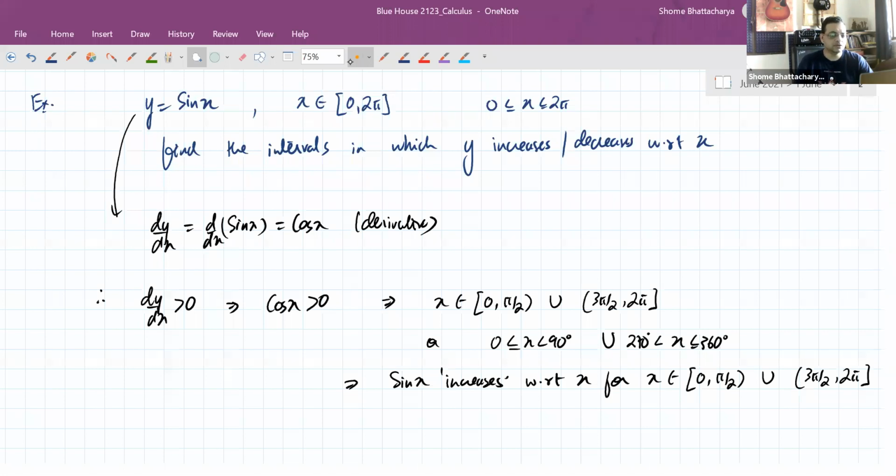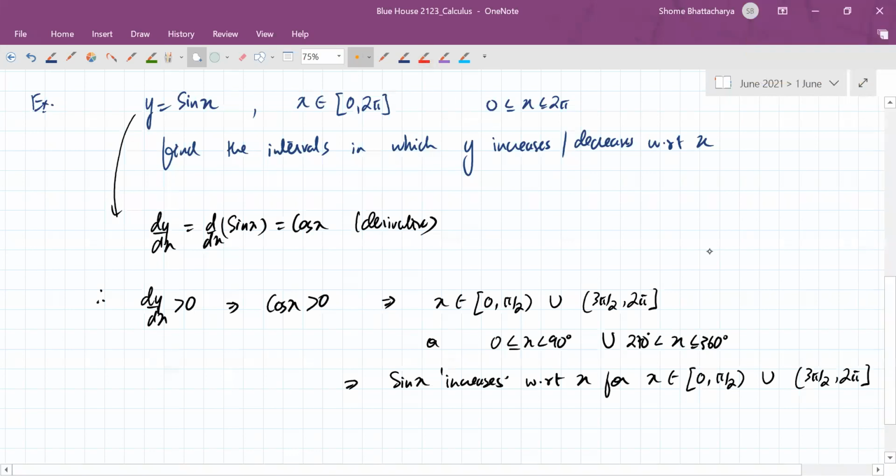But on the other hand, in the third quadrant cos is negative. So cos of 240, for example, will be minus half, whereas cos of 300 will be plus half. Just an example.